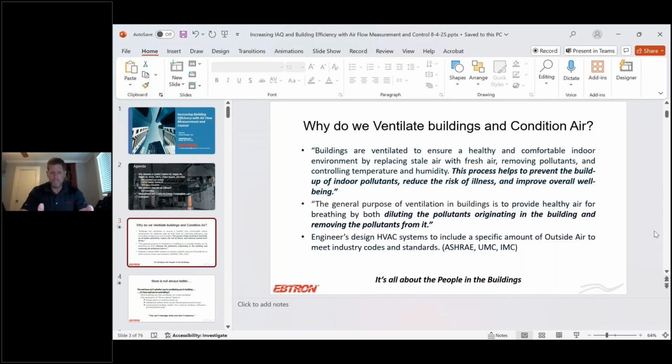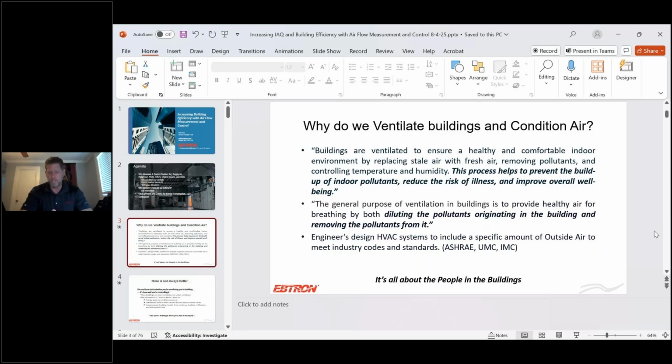Because it's been recognized that this is important for indoor air quality and occupant health and well-being, that we ventilate spaces and condition air, there are codes and standards that engineers design to that specify the amount of CFM per person in a space based on how that space is being used. You may be using various codes like the UMC, IMC.